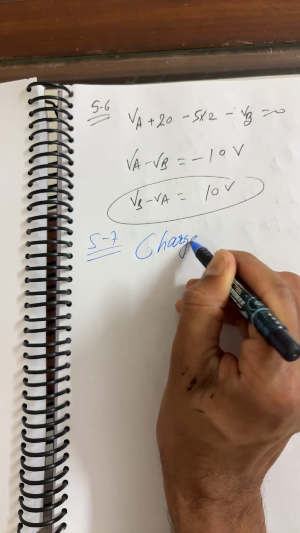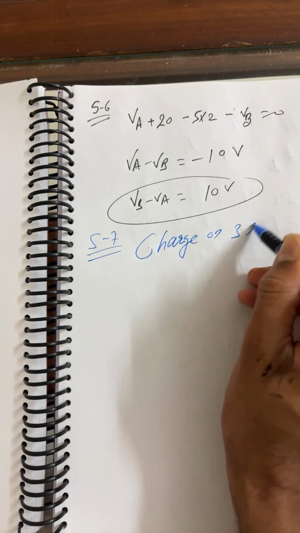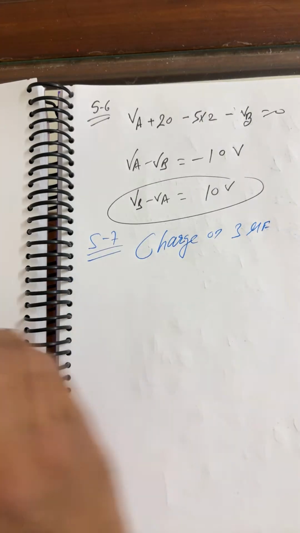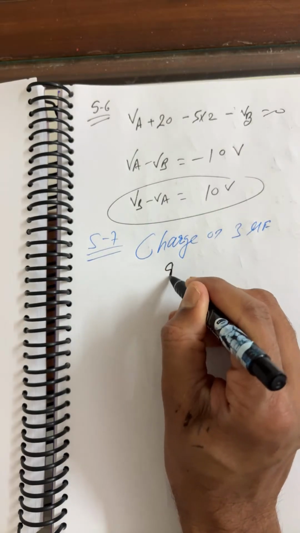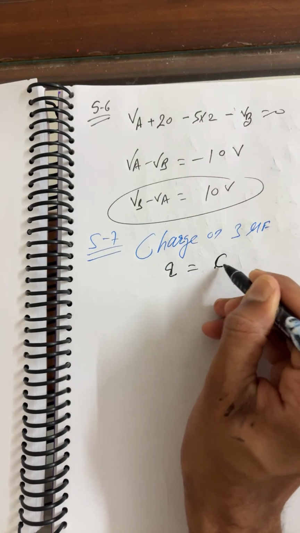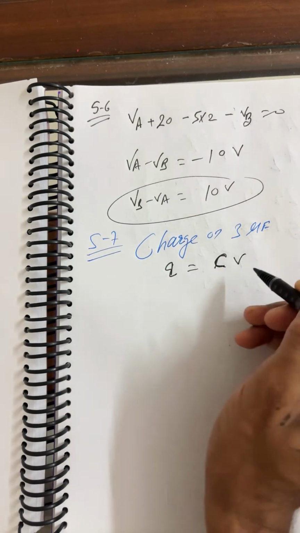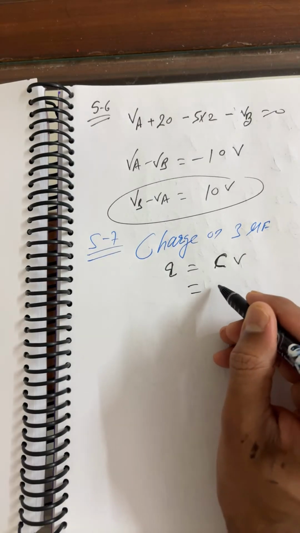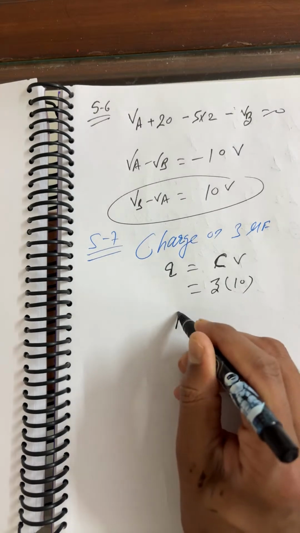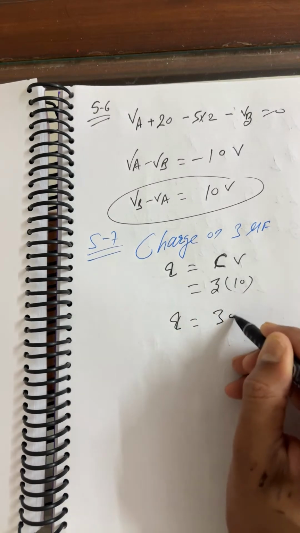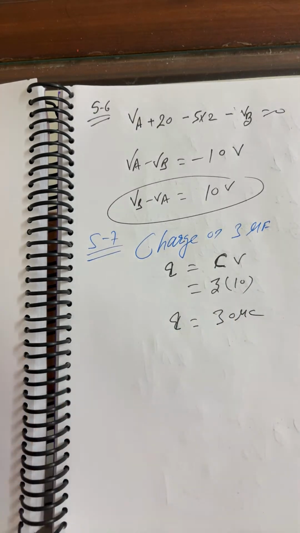Student, this is the charge on the 3 microfarad capacitor. Q is equal to CV. C is 3 and V is 10, so we can finally write 30 microcoulomb.